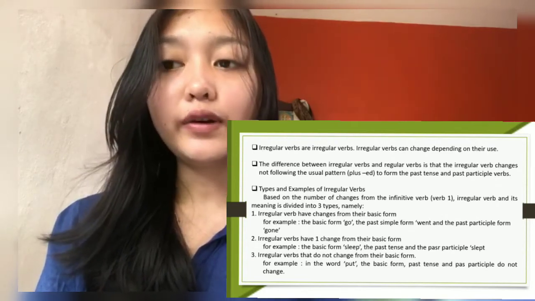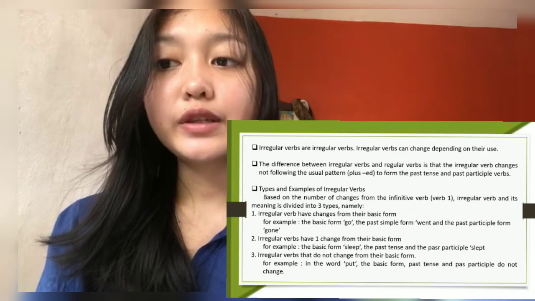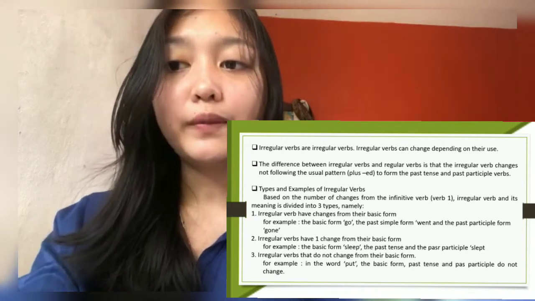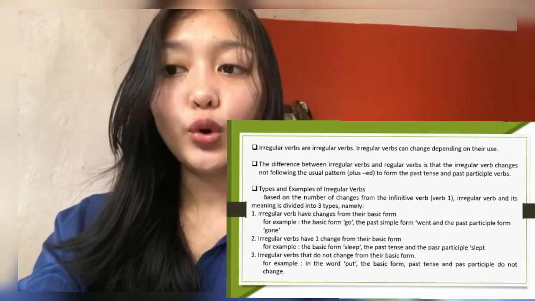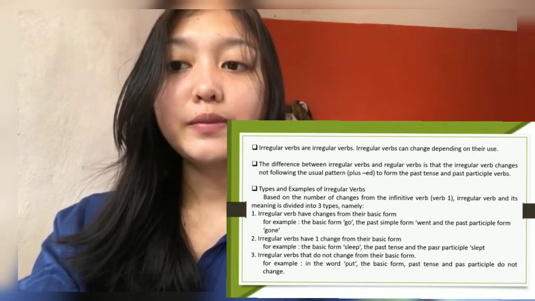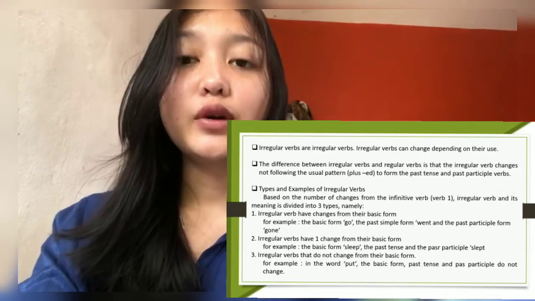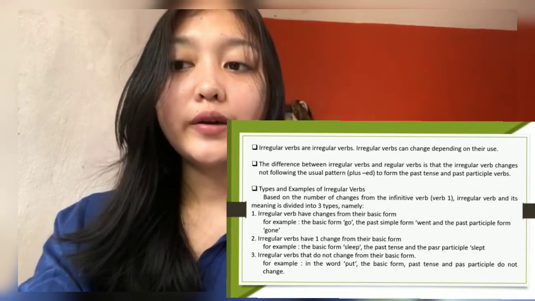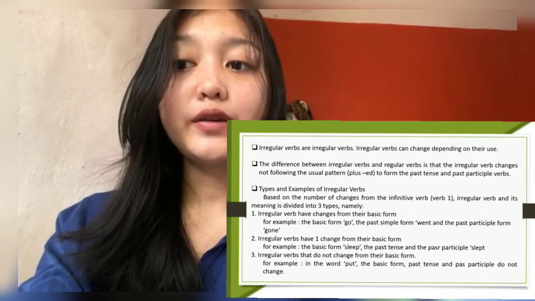Number 1, irregular verbs that change from their basic form. For example, the basic form go, the past simple form went, and the past participle form gone. Number 2, irregular verbs that have a partial change from their basic form.